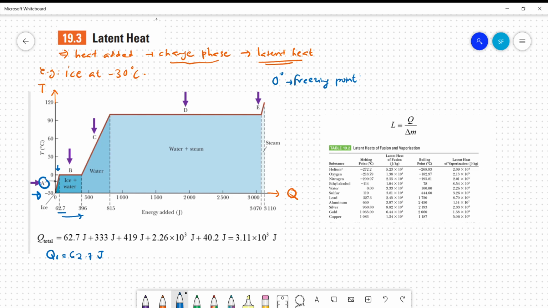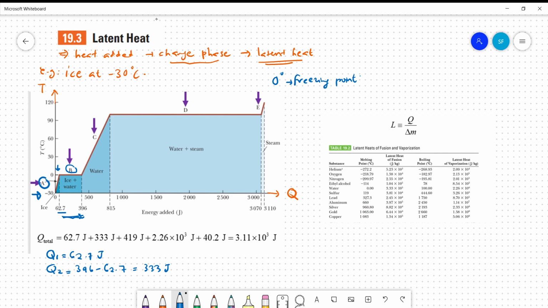Here at B, the energy is not to increase the temperature, but to break the bonding of the atoms of ice to become water. So what is the amount of energy required to break the molecular bonding here? It will be 396 minus 62.7, which is equivalent to 333 joule. So this amount of heat is required to break the molecular bonding.